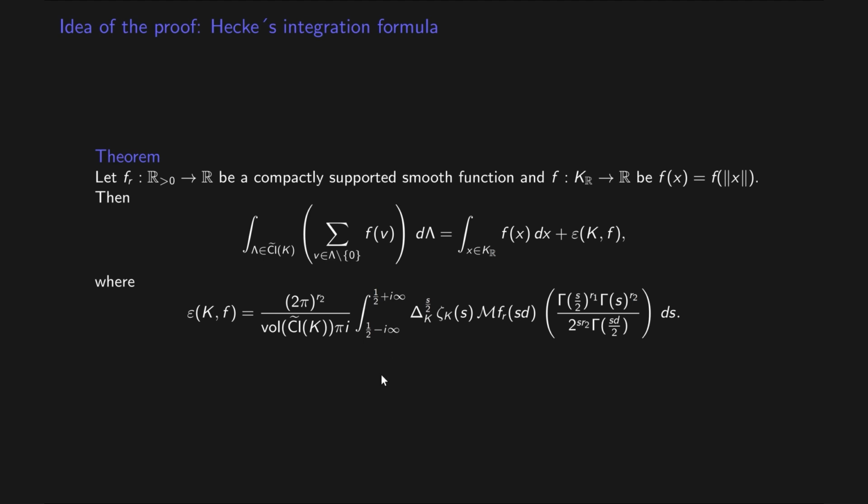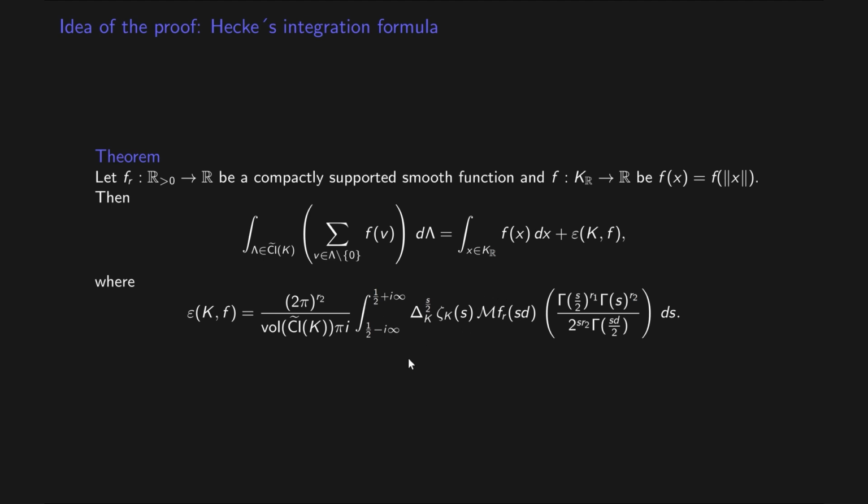And this error term will be expressed in terms of the Dedekind zeta function of our field, the class number of our field, and the regulator of the number field. So this all can be nicely composed. Here it's stated as a volume of the Arakelov class group, but in reality the volume of the Arakelov class group would be the regulator times the class number.